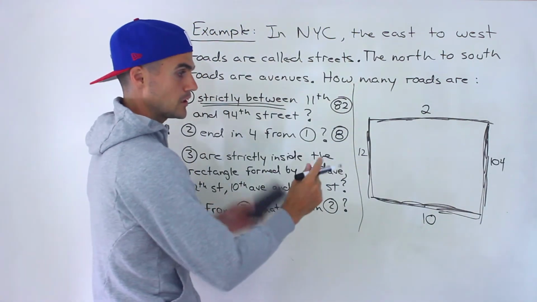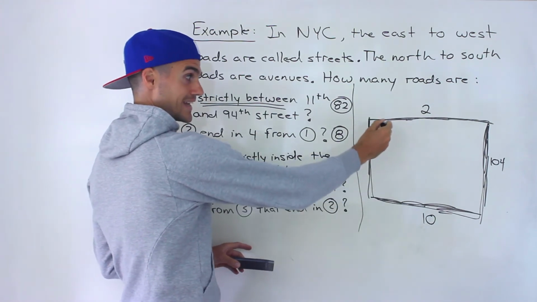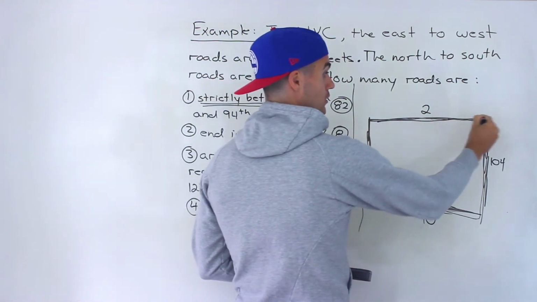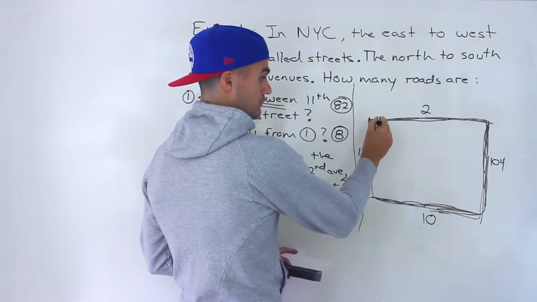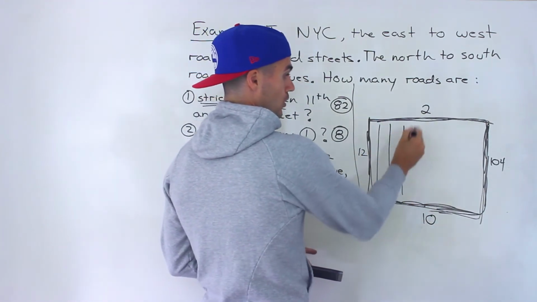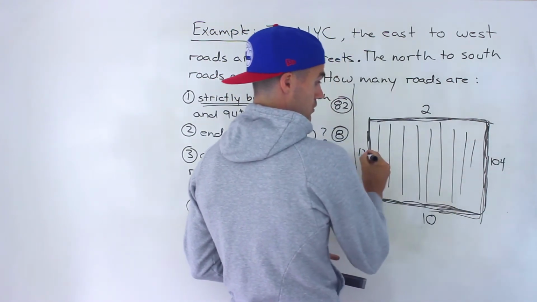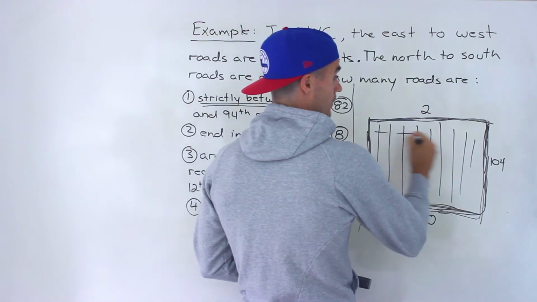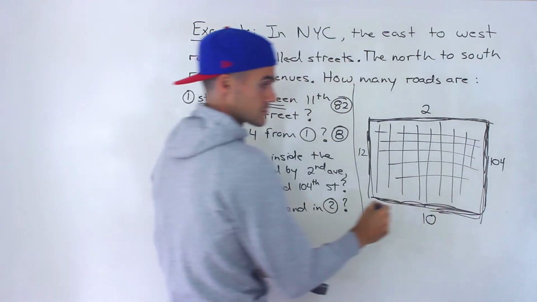They're asking how many roads are strictly inside this rectangle, so it's not going to be inclusive of these roads on the outside. What we can do is find the number of streets between 12th and 104th, and then the number of avenues. We could count all of those.